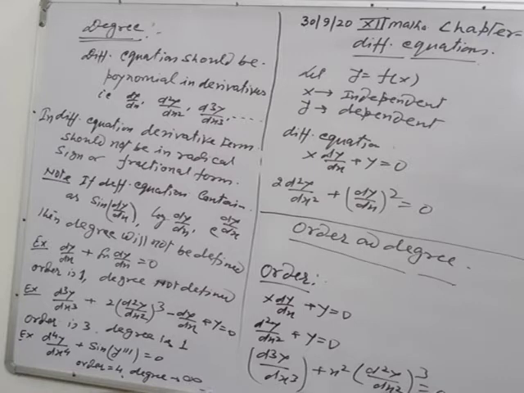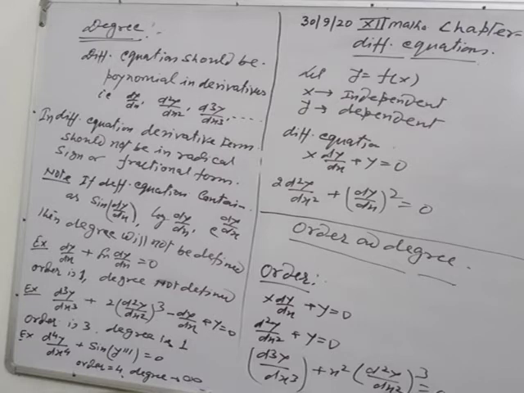In other words, you can say that the power of the derivative term should be positive and integer. Power of the derivative means dy by dx power should be positive, d2y by dx2 power should be positive, means power of the derivative term of any order should be positive and integer.